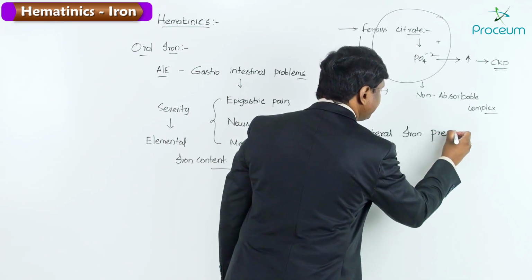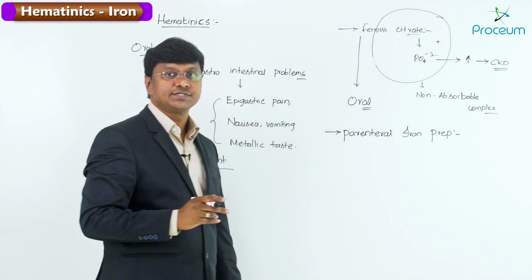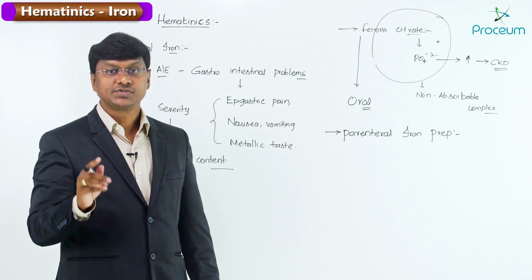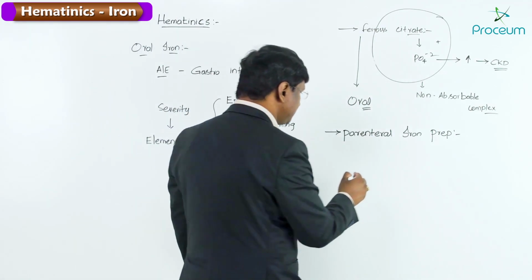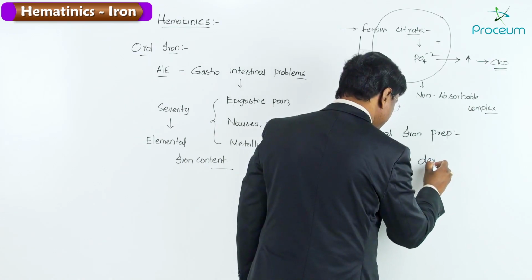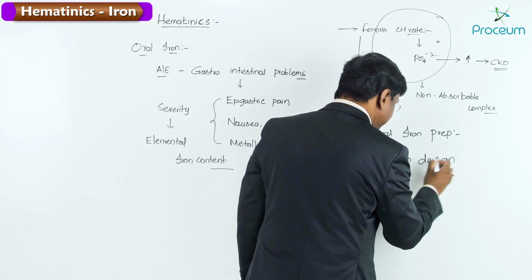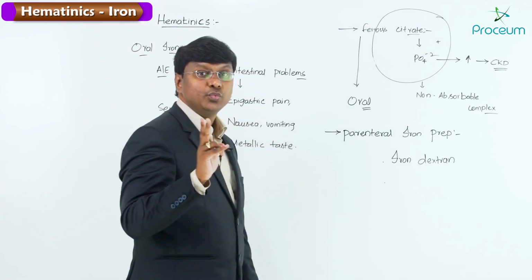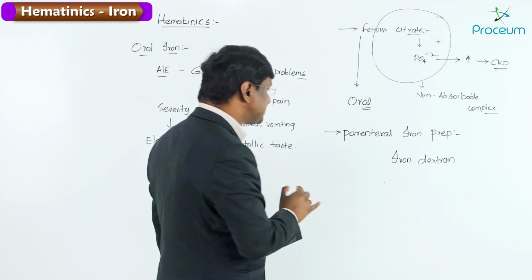What are the examples of parenteral iron preparations? They include iron dextran. Second, we have iron sorbitol citrate.